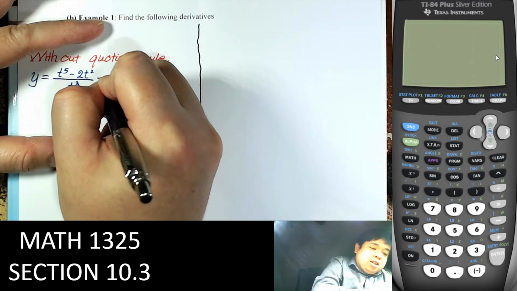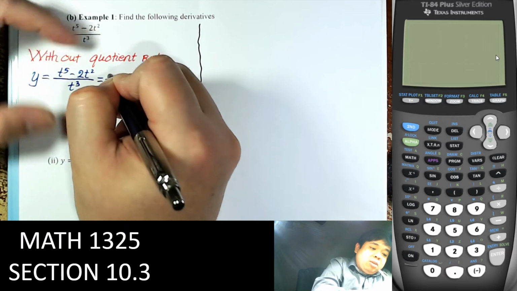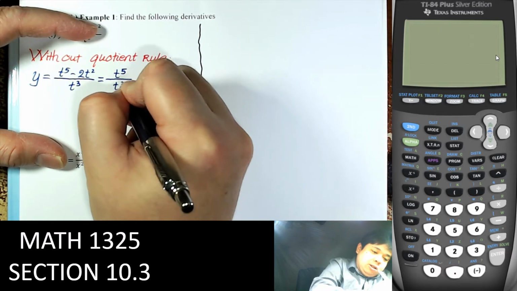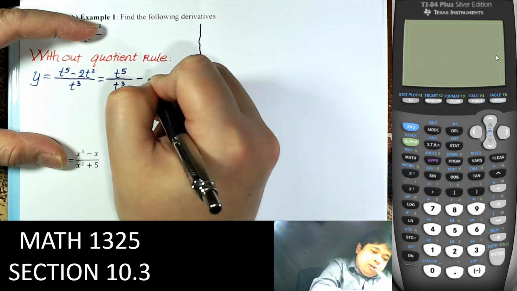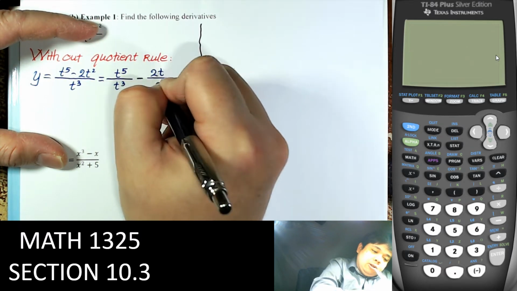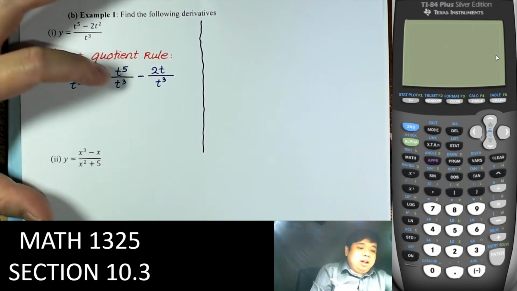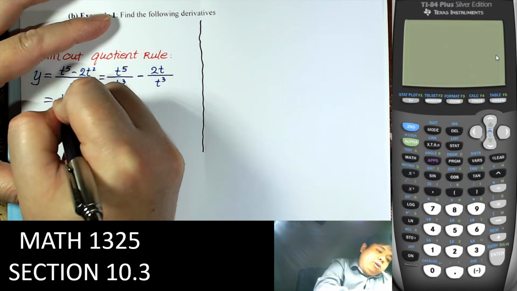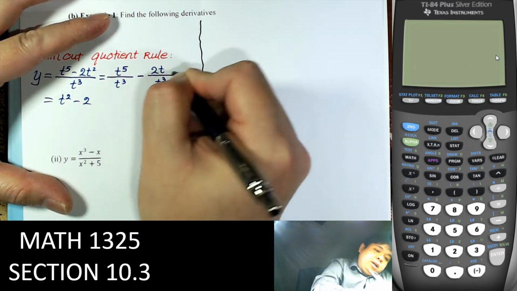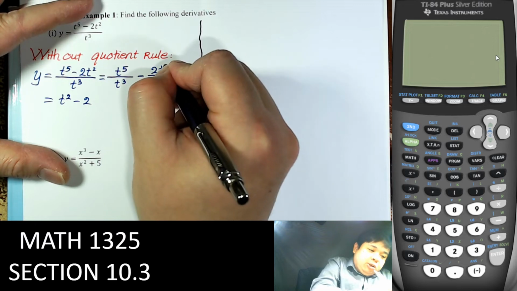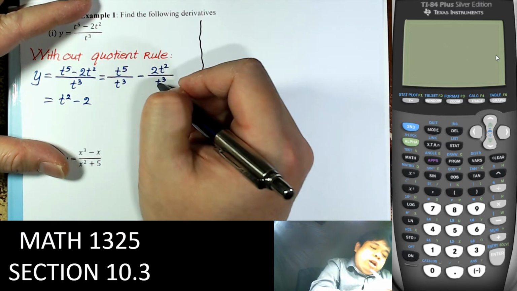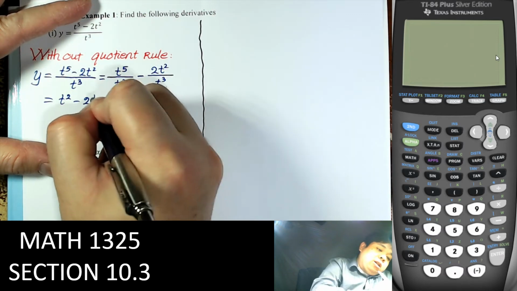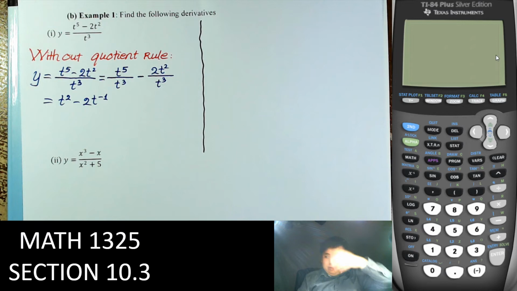There's a couple of ways to simplify. First, I can split it like that, and then when we divide we subtract the exponent. 5 minus 3 is 2, and then 2t squared over t cubed: we just divide, subtract the exponent, 2 minus 3 is negative 1.